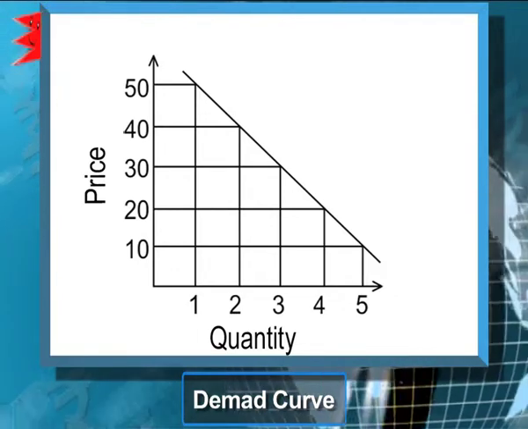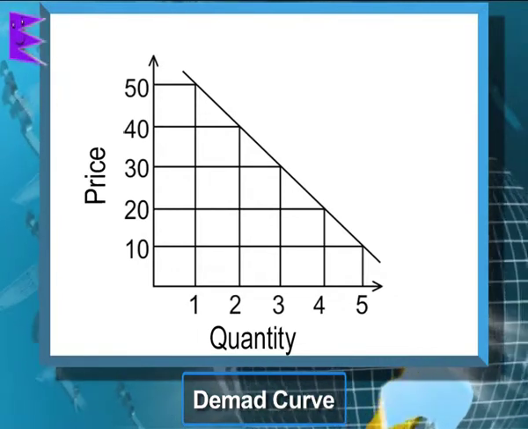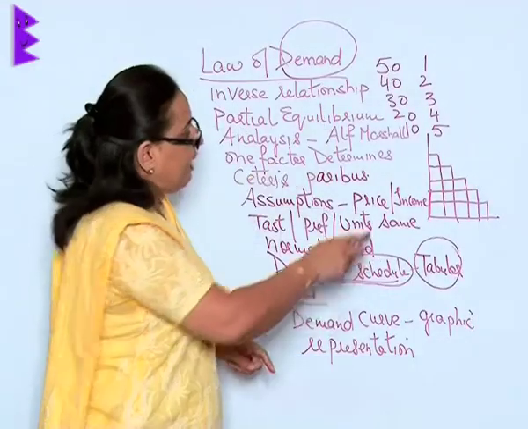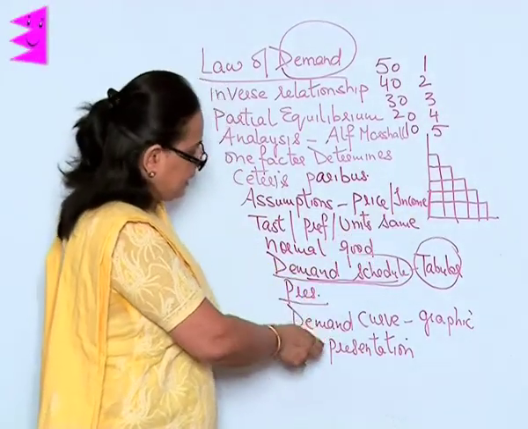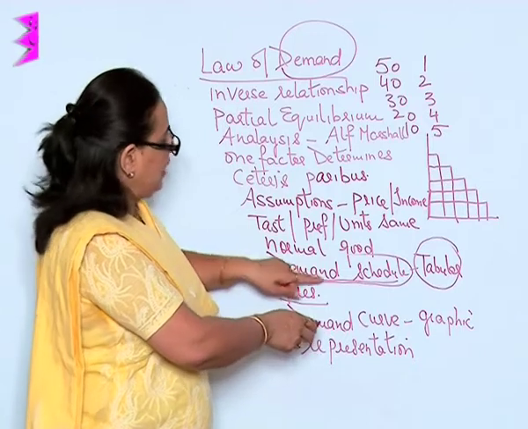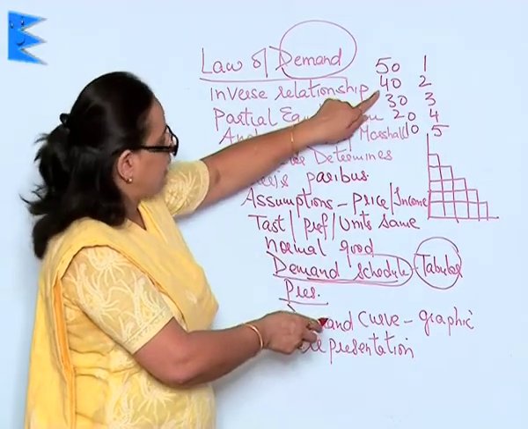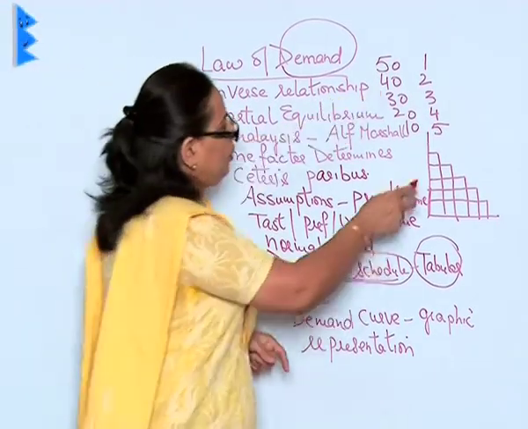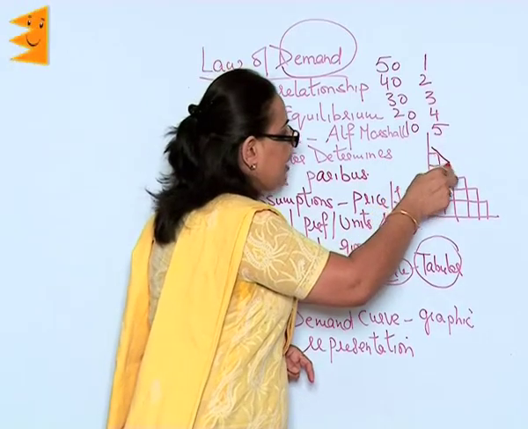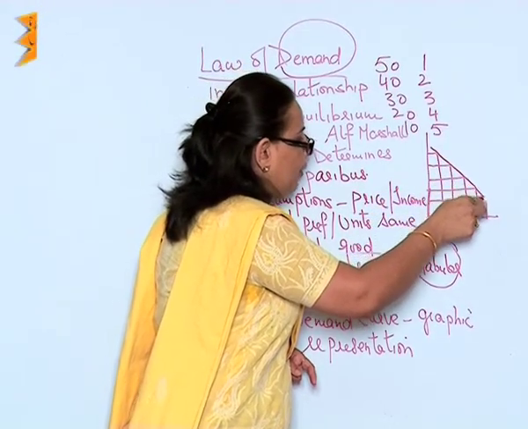There is an inverse relationship that we have already seen, but graphically represented it's a demand curve, and when shown in a tabular presentation it's a demand schedule. So this is the curve that is drawn.